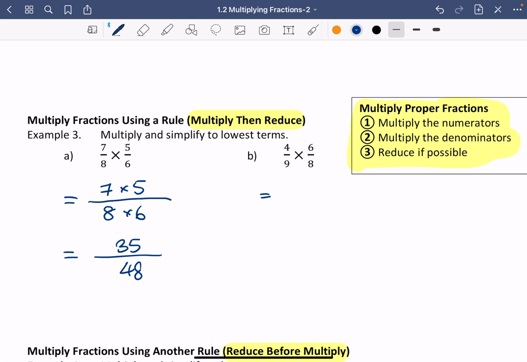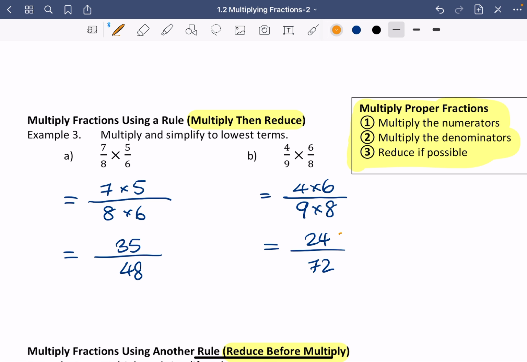Okay, second example, same thing, 4 times 6 on top, 9 times 8 on the bottom, and so we have 4 times 6 is 24, 9 times 8 is 72. Now obviously there will be a common factor between the 24 and the 72 because they're both even numbers, right? We know if two numbers are even, then there must be a common factor of 2.